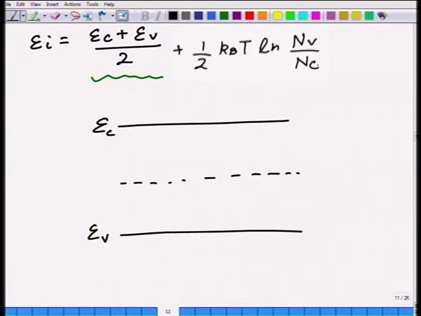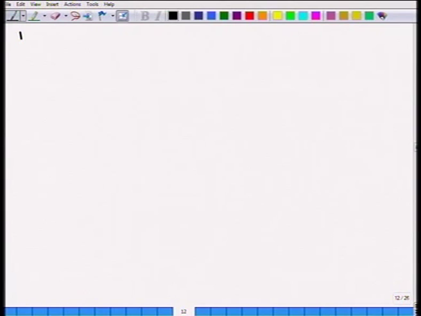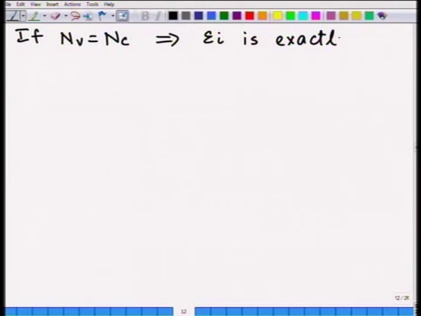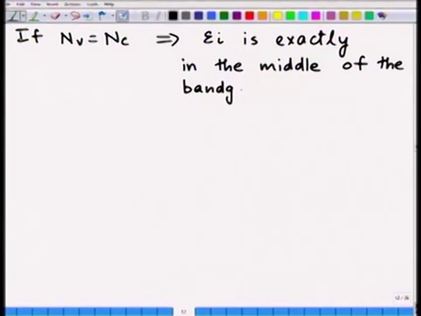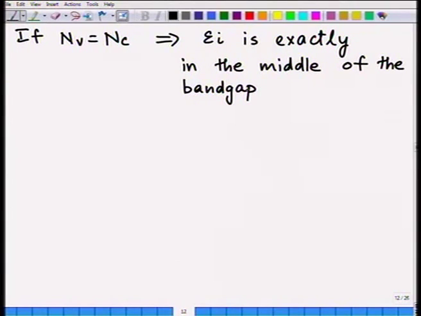Now, the Fermi energy is exactly in the middle only if NV is equal to NC. In that case, EI is exactly in the middle of the band gap, precisely in the middle.